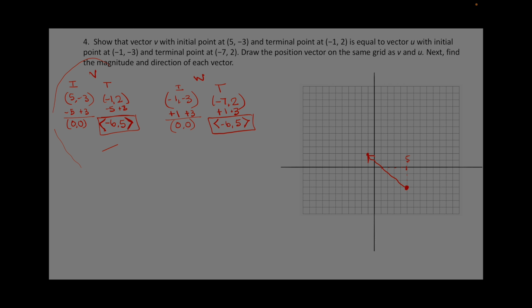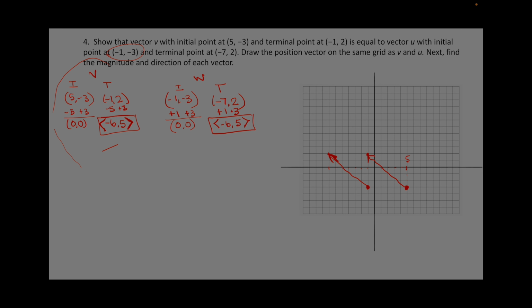Now let's go to vector w. Vector w starts at -1, -3, and the terminal point is -7, 1, 2, 3, 4, 5, 6, 7, and +2, 1, 2. You should notice, other than that I'm not a very good straight line drawer, that they are the same length and point in the same direction.